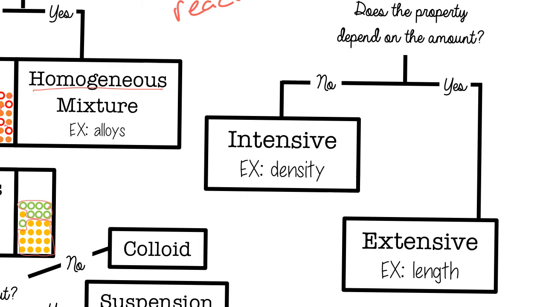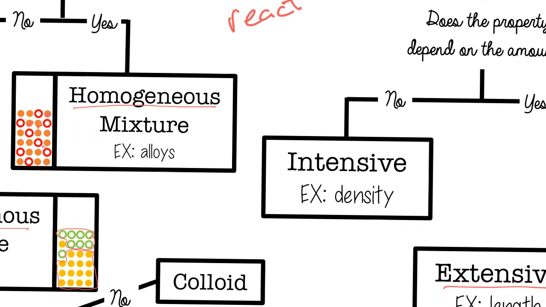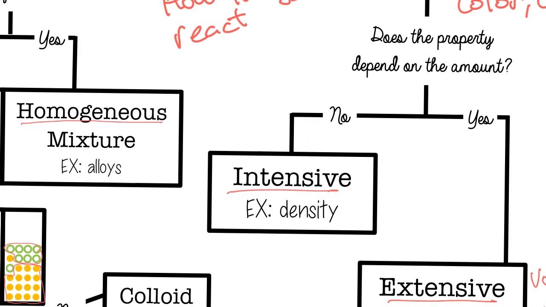If it's yes, then it's going to be extensive. Extensive are things like volume or mass, or as it says, length. If it doesn't depend on the amount of stuff, that's going to be an intensive property. Intensive properties tend to be physical properties, as well as chemical properties.